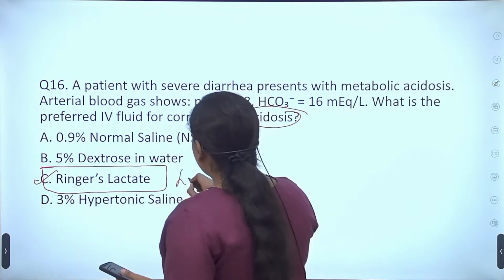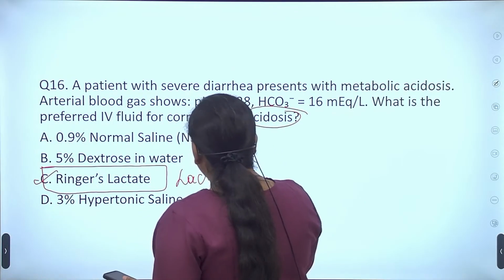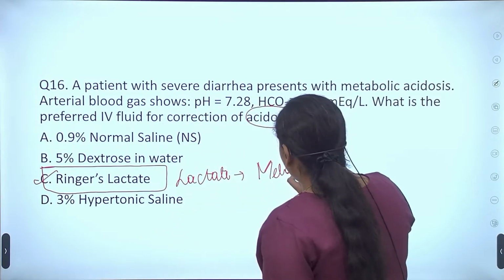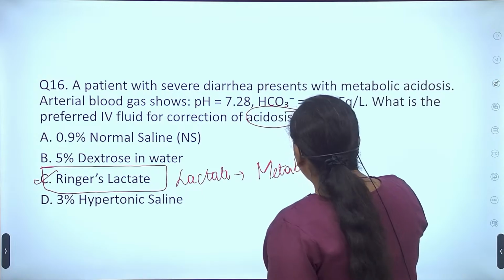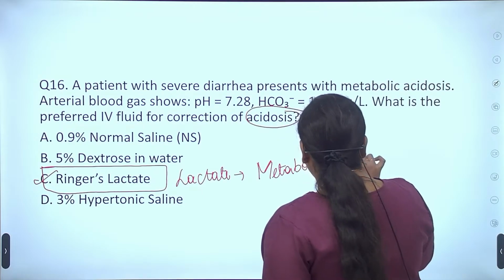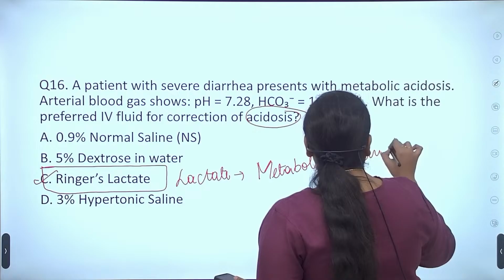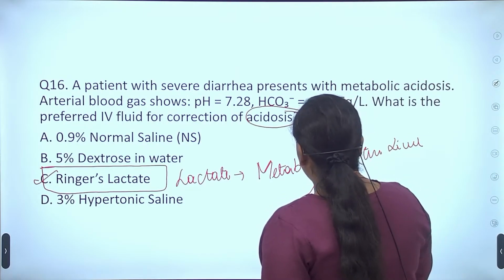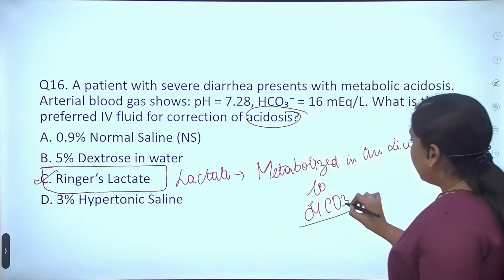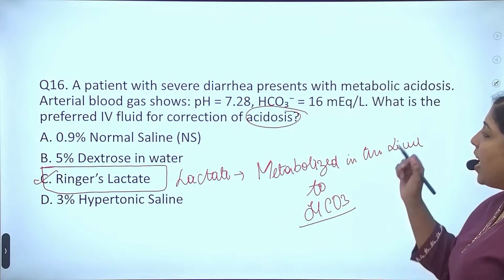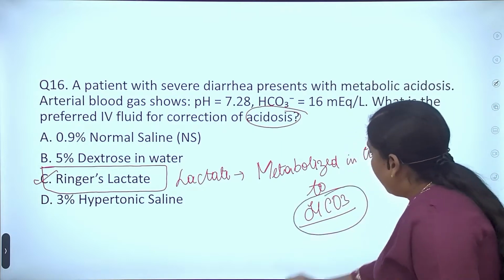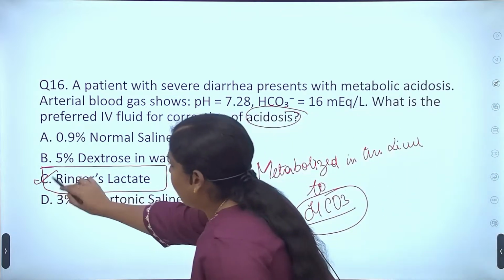Ringer lactate contains lactate, which is metabolized in the liver to bicarbonate. That's why it will help in correcting the acidosis. That's why ringer lactate is the preferred solution.